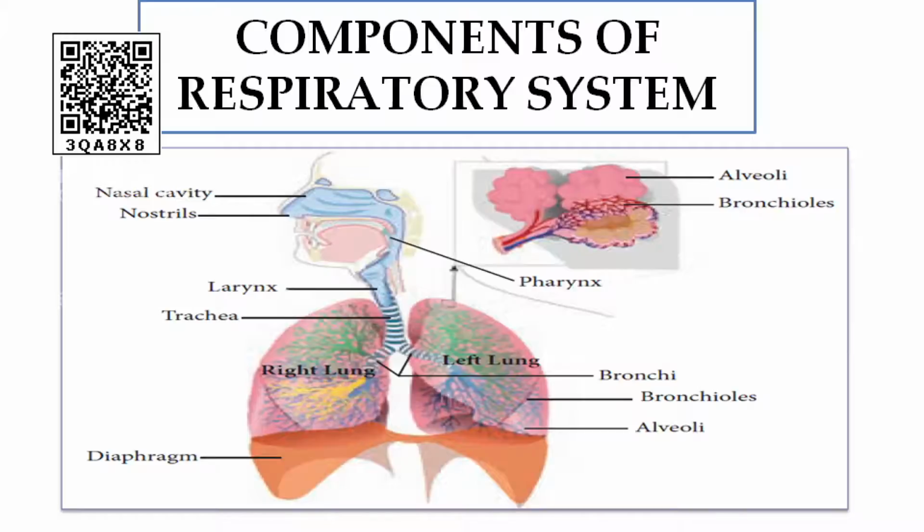Once it enters the pharynx, it reaches the larynx and after that it passes through the windpipe, and the last end of the trachea is split into two parts, the right lung and the left lung. So the right lung is divided into 3 lobes and the left lung is divided into 2 lobes.